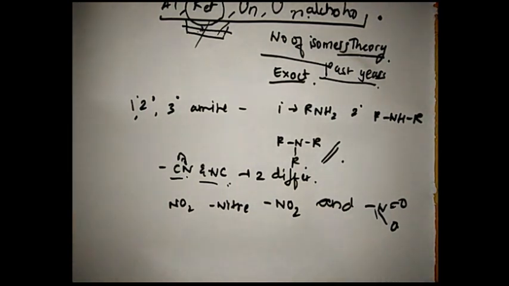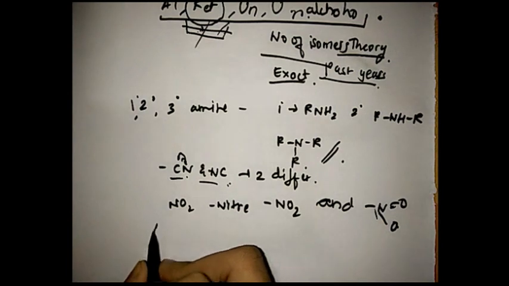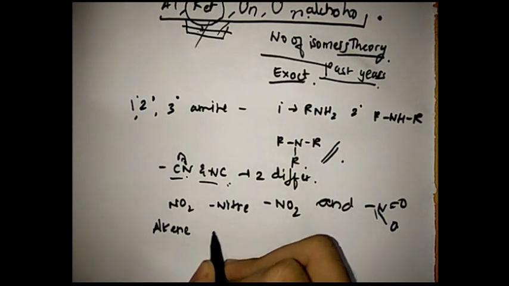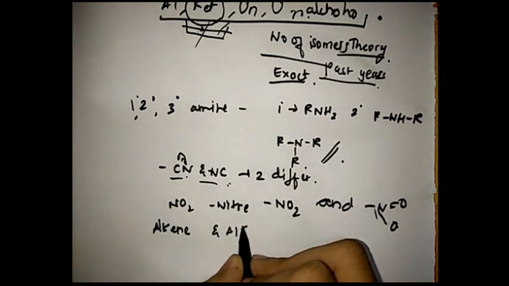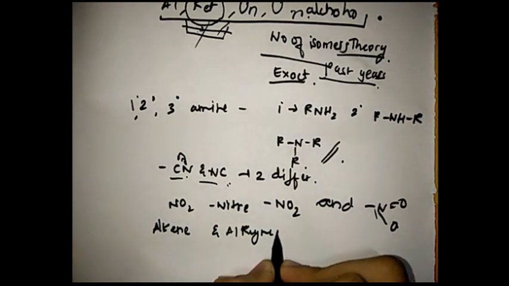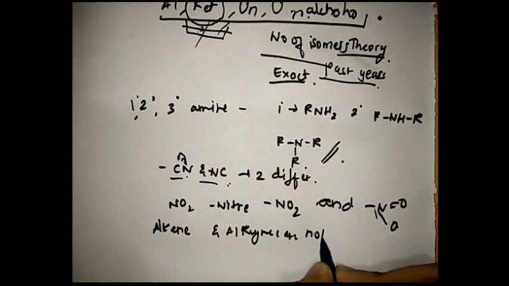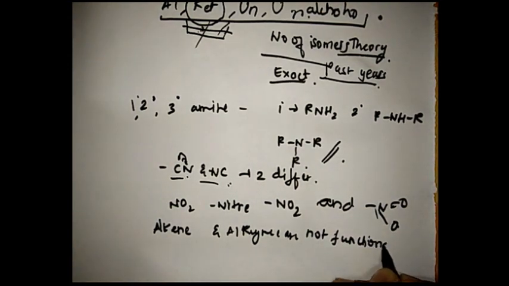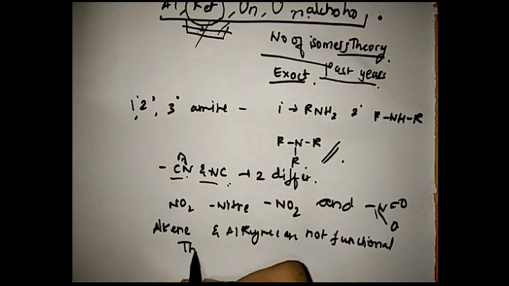Then we'll be having alkenes. Don't be under the impression that alkenes and alkynes are not functional group isomers. They are functional group isomers.